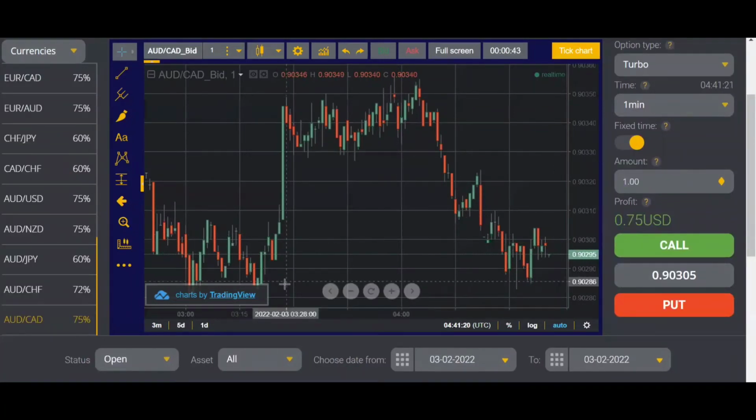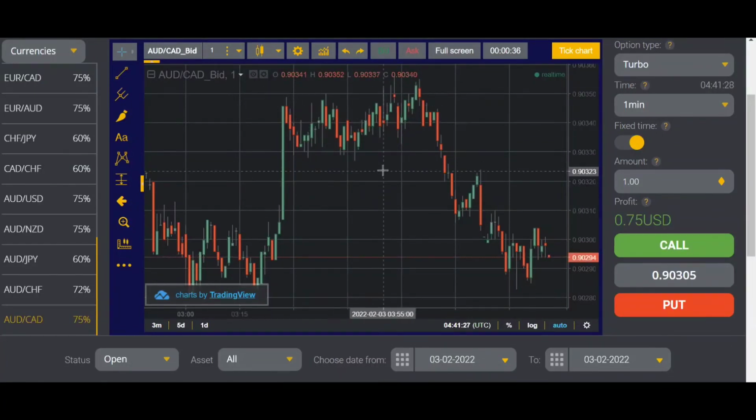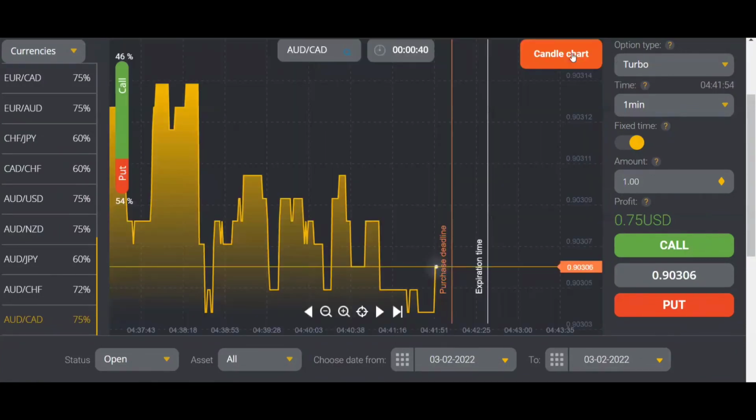I know it says the charts are by TradingView, but I do not know who the provider is, because I think up there is on FXCM, right here showing me 294, up there showing 299, 300. So whatever provider it is, again, you have to take that into account. You do have all the different tools that you're probably used to. When you don't want to trade with this and you're analyzing on TradingView, you could just go back to your tick chart.